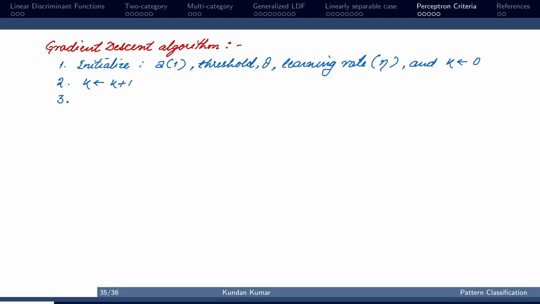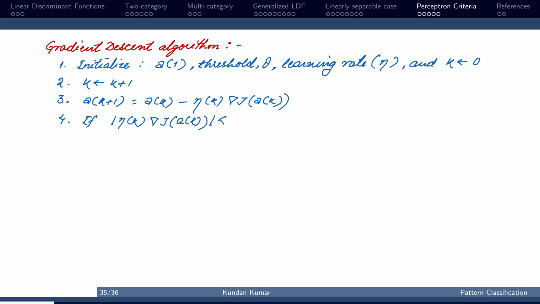In the third step, we update the weight vector in the direction of the negative gradient of the criteria function, so a(k+1) equals a(k) minus eta(k) times the gradient of J(a(k)). And in the fourth step, we check the condition: if the magnitude of eta(k) times the gradient of J(a(k)) is less than theta, then we will stop and the updated weight vector will be returned.